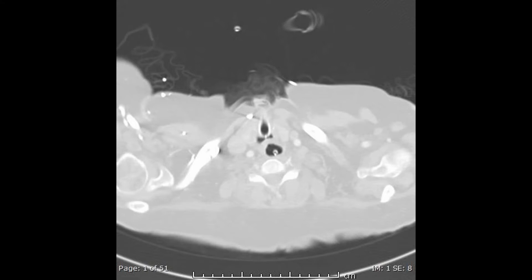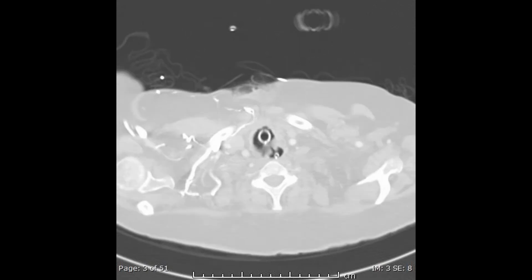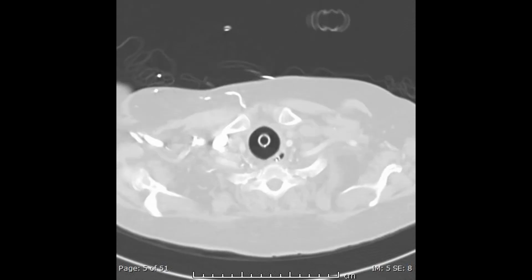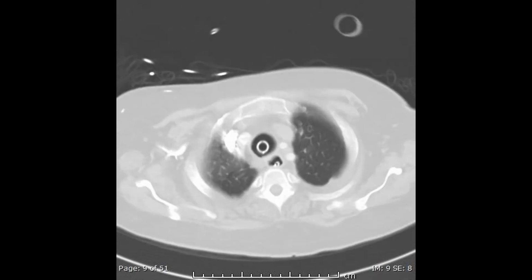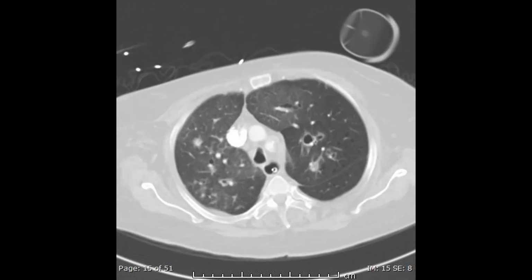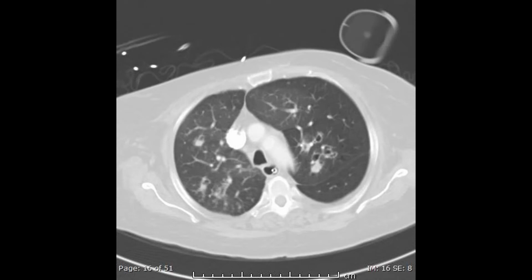This is the CT of the thorax. We start to see the bronchiectasis bilaterally, surrounded by inflammatory reaction.